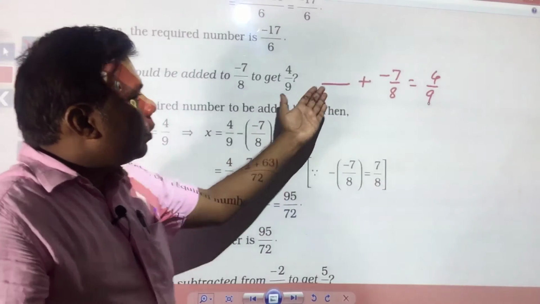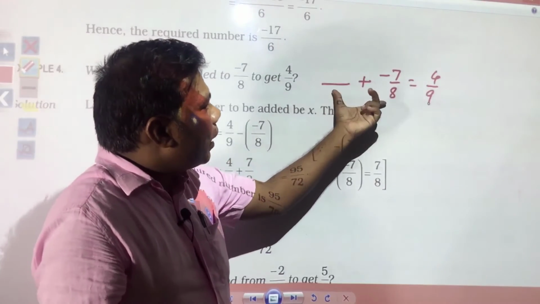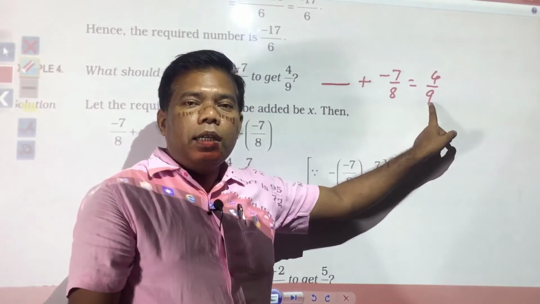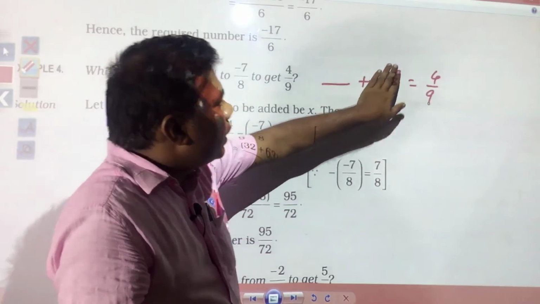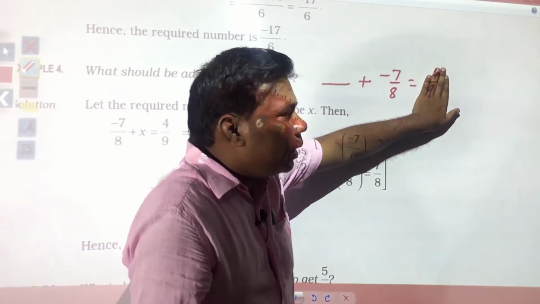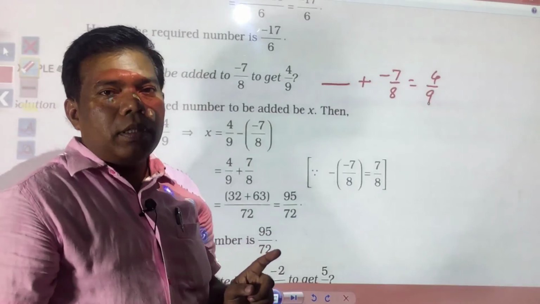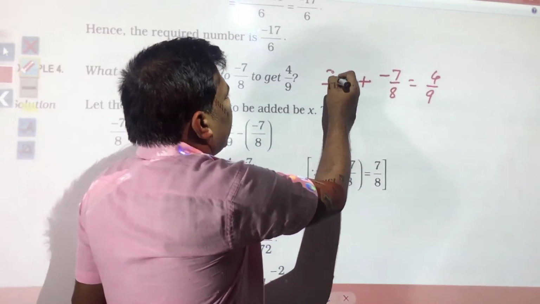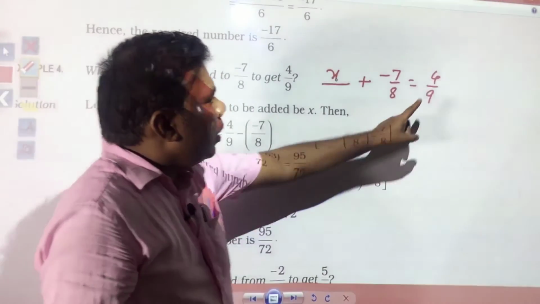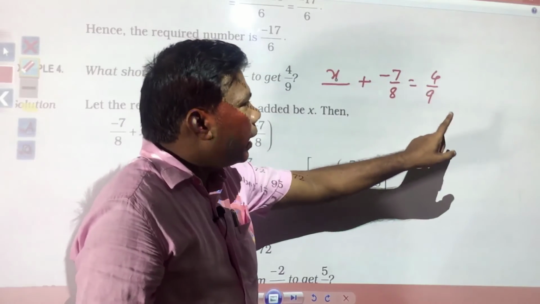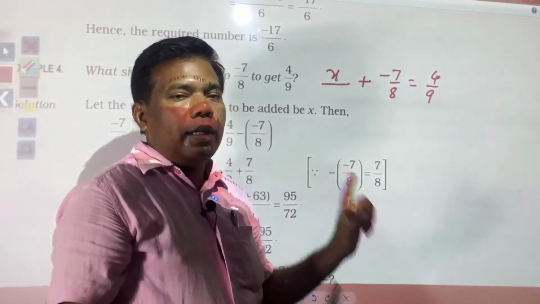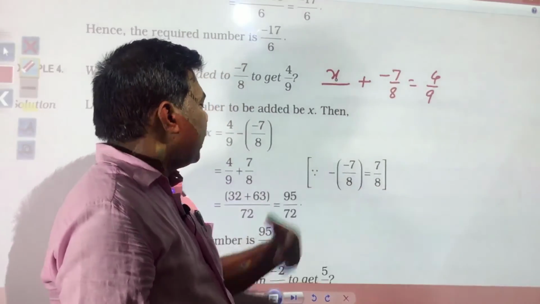Again the same thing is required: if two numbers are added and you get the sum, then subtracting this number from the sum gives the other number. If we suppose it is x, x will be 4 by 9 minus 7 by 8, and you simplify to get the answer.